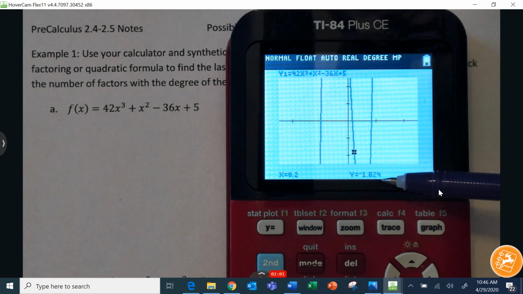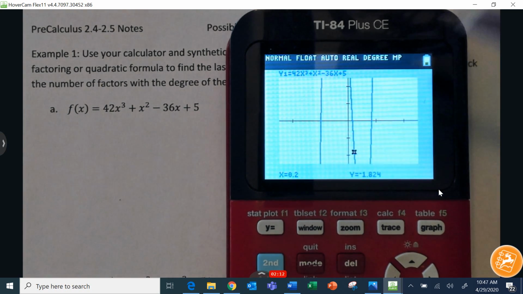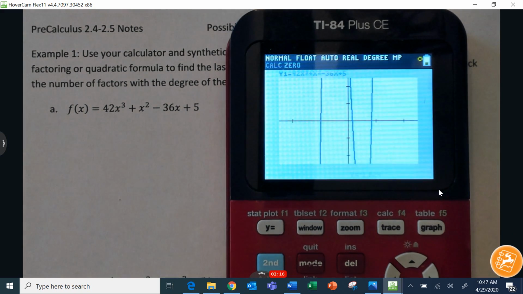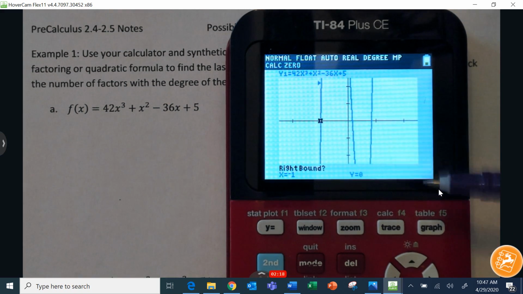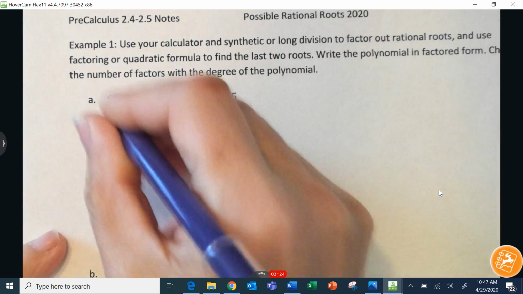So really value is just telling you if x is this, what does y equal? It's just a fast way of plugging in this number to find out what y is. I use it as a quick check to see if that's an actual 0. So one more time, value, -1, it does tell me that works. So I know that x equals -1 is one of my zeros.